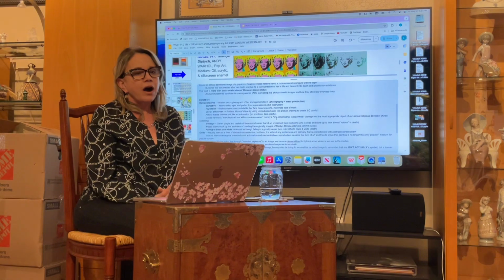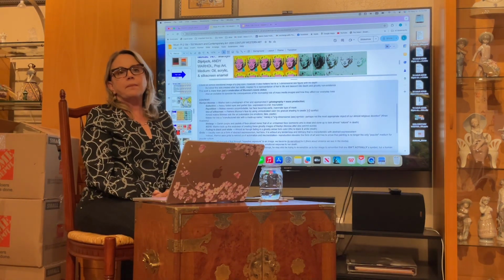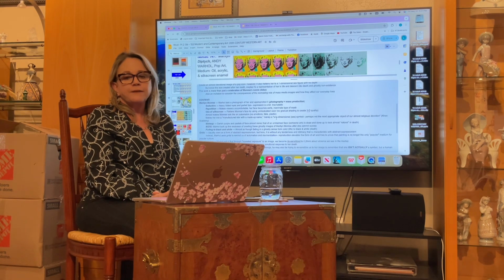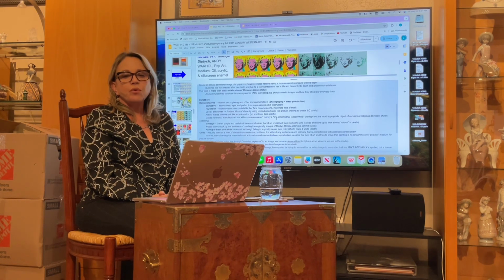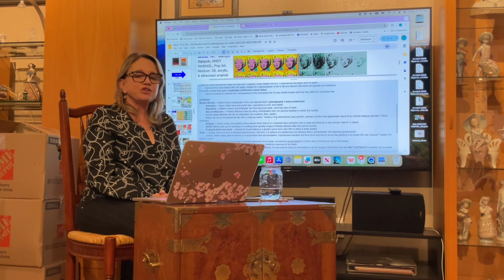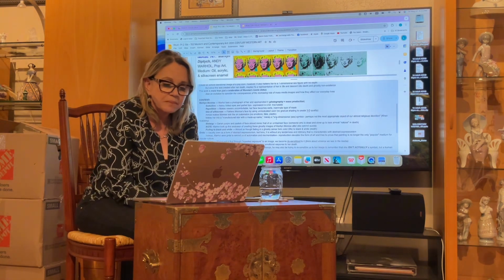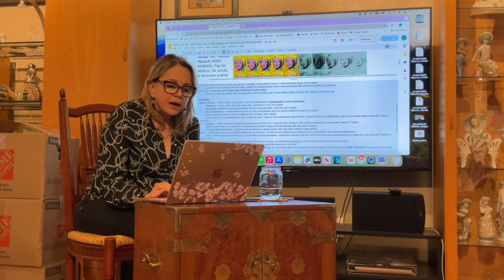So oftentimes in a burial, for instance, the custom in the United States, if you can afford it, is to have a funeral where the person has been partially embalmed, and they apply makeup to them, they fix their hair, and they leave the casket open so you can say goodbye to the person. Okay.